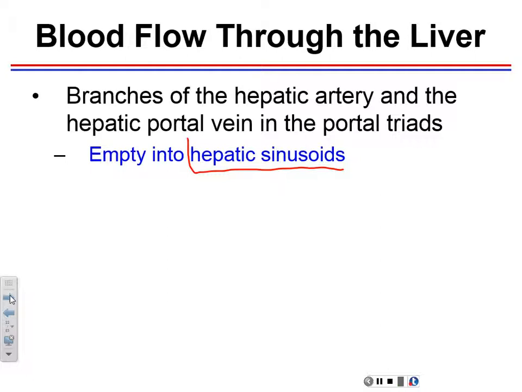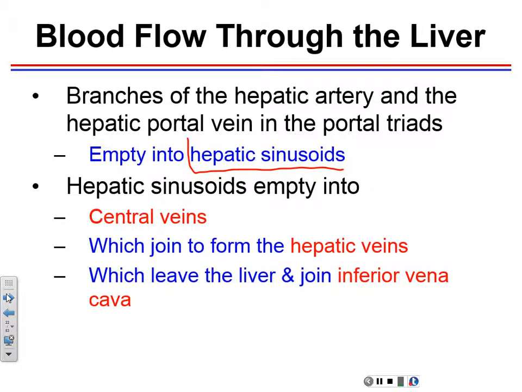The deoxygenated blood and the oxygenated blood mix, and the cells of the liver will process the nutrients and take the oxygen. The sinusoids connect to the central vein in the center of that lobule, and then the central vein connects into the hepatic vein, and the hepatic vein goes into the inferior vena cava. So that's what all this is really.